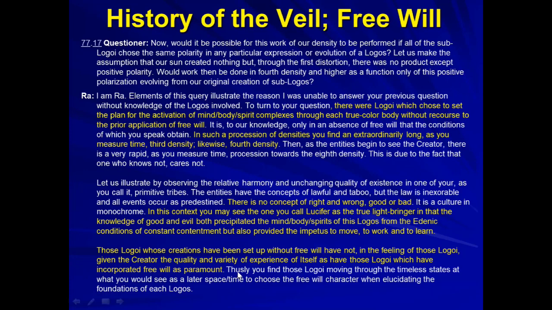I didn't read that last sentence. I mean, thusly you'll find those loci moving through the timeless state at what you would see as a later space-time. In other words, further out from the center sun, us. They chose the free will character when elucidating the foundations of each loci. They saw that it was much better to create a scenario in their creation, in their solar system, where free will was passed through.